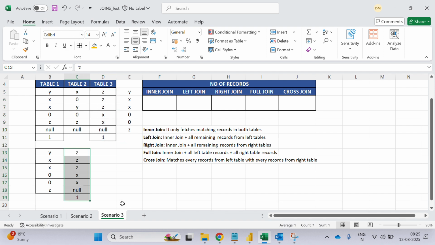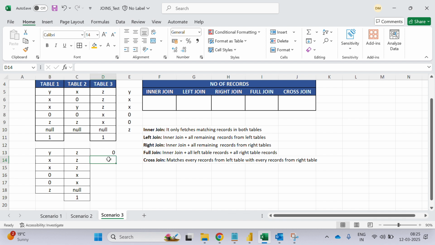We consider the two-table output as this one, and the table 3 output as it is. Now we do the inner join here. Y matches how many times in the table, no match, so 0 records. X matches 2 times, so the output is 2.